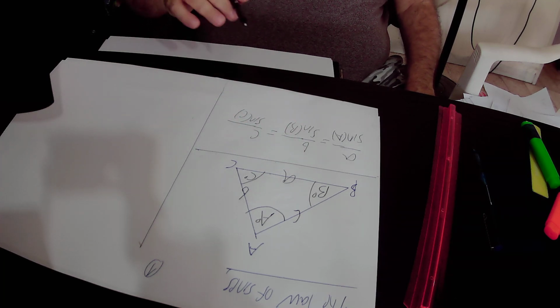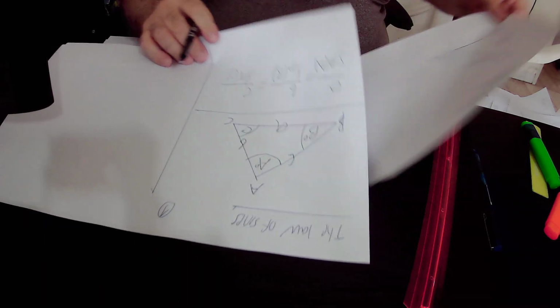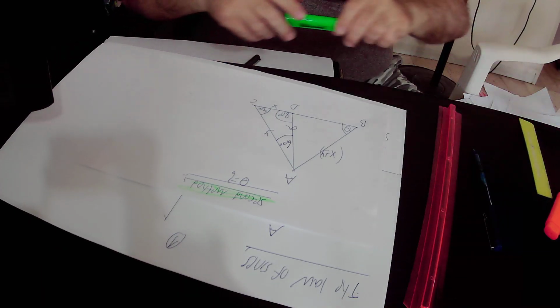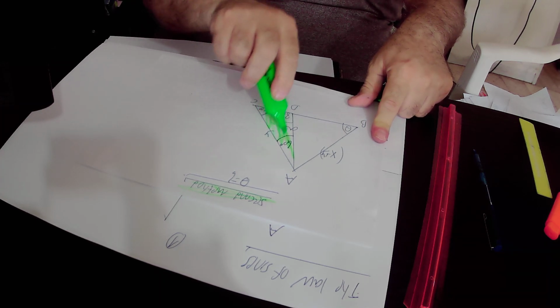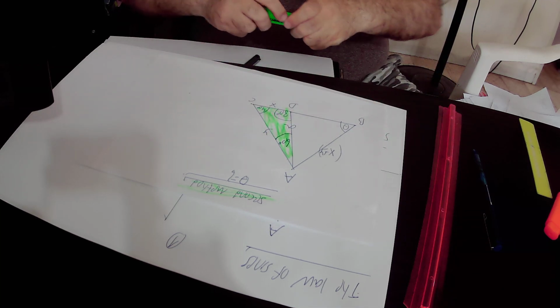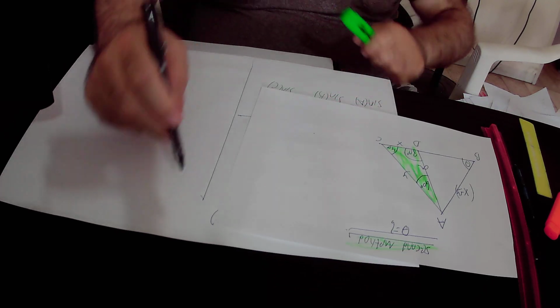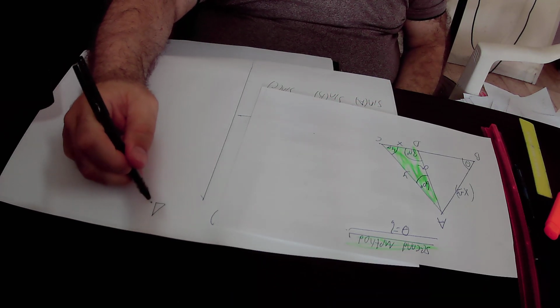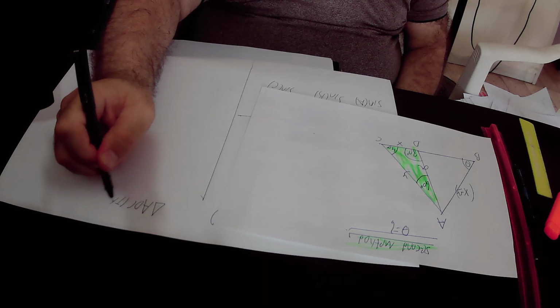Now we will implement this law, the law of sines, in the green triangle, triangle ADC.